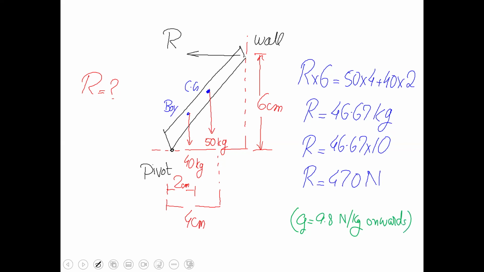The value of g is 9.81 Newton per kg onwards.